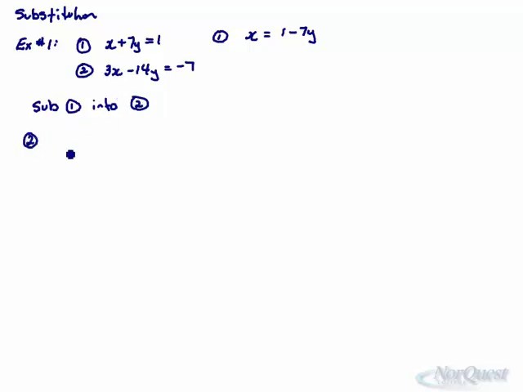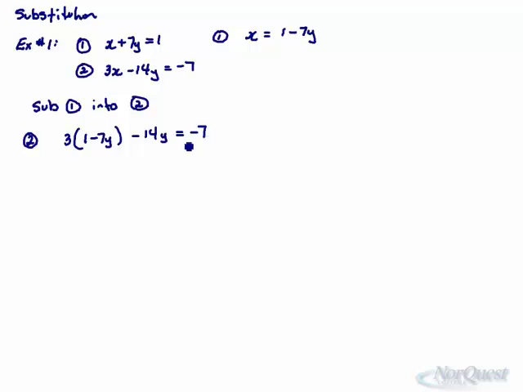Instead of writing x, I'm going to write 1 minus 7y, minus 14y equal to -7. Notice when you look at equation 2, there's only one variable there. That's something we've just finished working on, solving equations with one variable. I'll expand and collect like terms, but I can solve that for y.